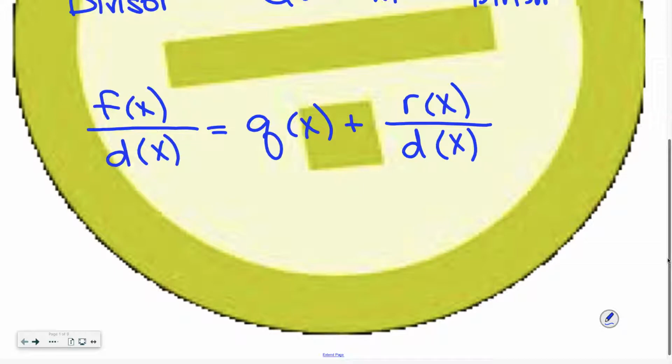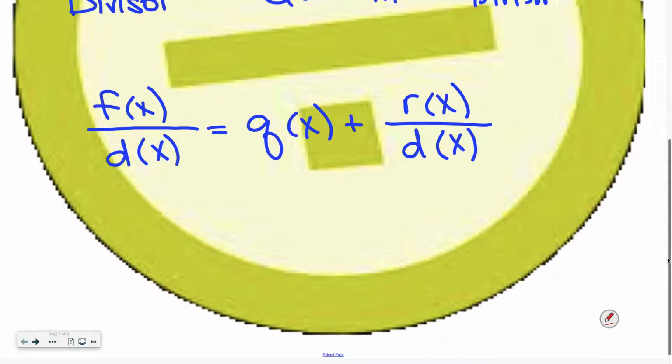Okay? Now, just look at that equation that I have up there. If I wanted no fractions, what could I do? I want no fractions. Okay, don't write this down, just watch me.